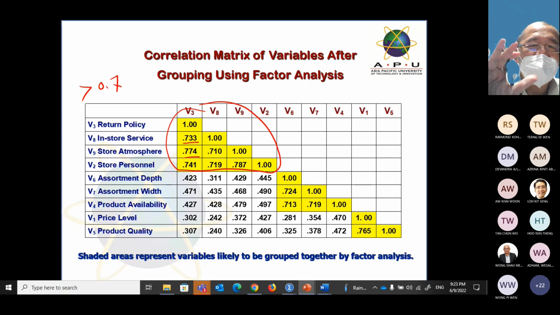So the relationship between V8 and V9: one is install atmosphere, and 8 is install service. For example, the promoter is really polite, very smart, and so on. All of these are install service.